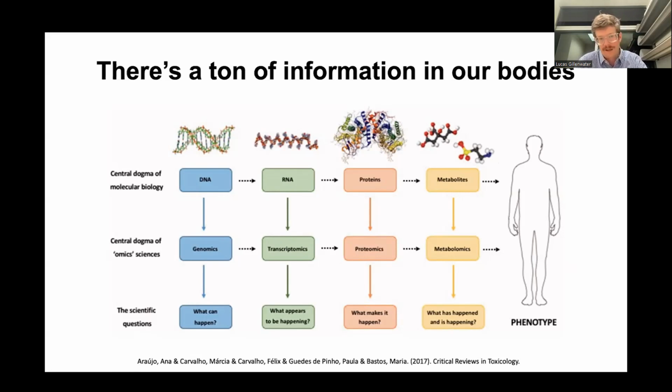The DNA can tell us what the blueprint is and what can happen in humans, but then we look at RNA to see what appears to be happening, because different genes will be turned on with different regulatory signals. So if a gene is expressed, that could lead to a protein from that piece of mRNA. mRNAs can also act on themselves, and they have other regulatory features, but for the central dogma of biology, these RNAs can then be translated into proteins. And these proteins will act both as enzymes and structural components of the cell.